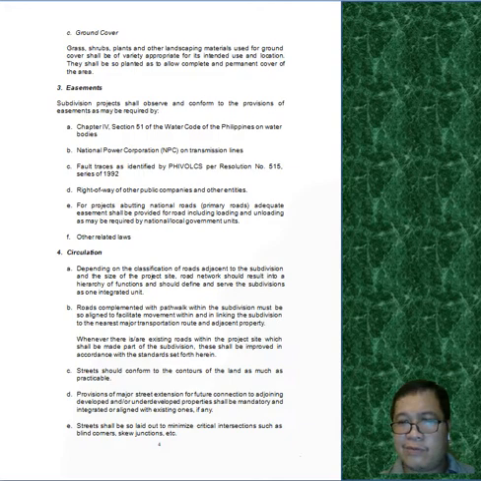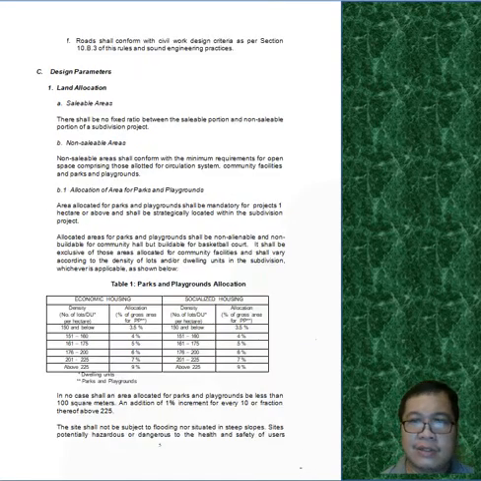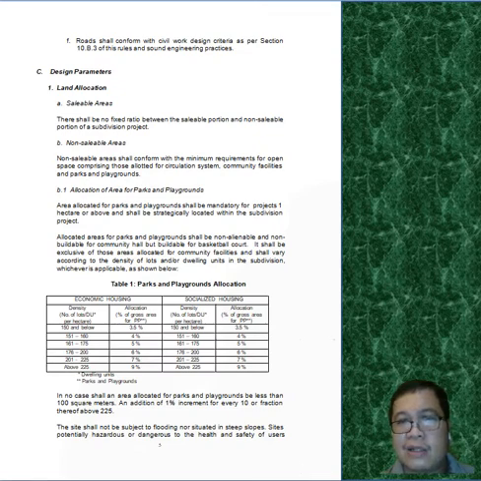So you must design the roads in such a way that there are very few blind spots, or eliminate them completely. Then the road shall conform with civil work design criteria as per section 10.B.3 of these rules and sound engineering practices. So there you have the design parameters.